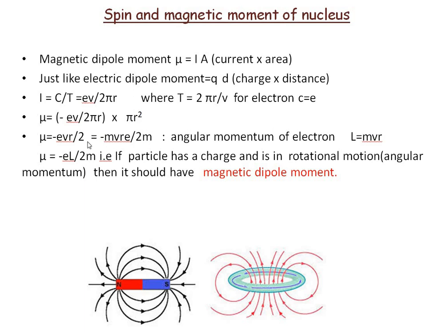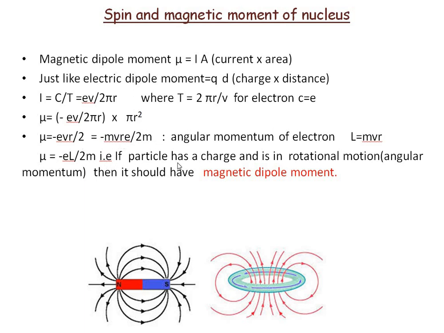Why do we do it like this? Because we can write m v r as L. In order to incorporate the angular momentum into this equation, we multiply and divide by m. So m v r is nothing but the angular momentum. So mu is equal to minus e into L divided by 2m.